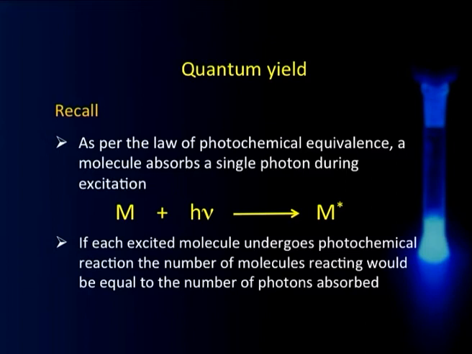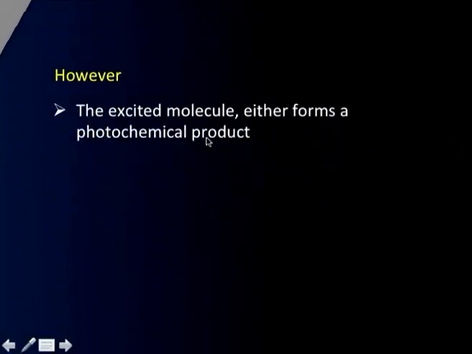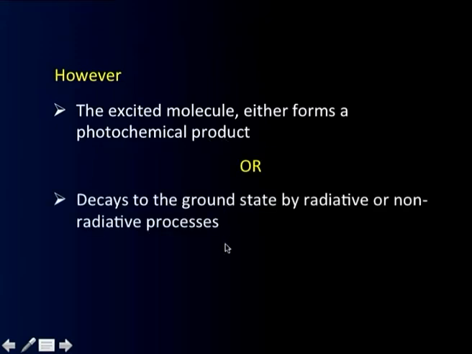However, what happens is we find that the excited molecule either forms a photochemical product or it decays to the ground state by a radiative or non-radiative process, the photophysical processes we just discussed. That means it is not necessary that any molecule which has got excited will undergo a photochemical process. If all the molecules underwent a photochemical process, then of course, whatever the number of photons absorbed, that would be the number of molecules which have reacted.